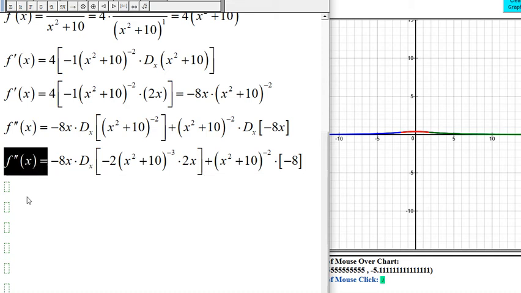Now let's simplify things a little bit. One more time, for the derivative of this we use the chain rule. The chain rule says call this u, which I call the base. Put negative 2 in front of the base, then subtract 1 from the negative 2, and we get negative 3. Then multiply by the derivative of the base x squared plus 10, which is 2x.